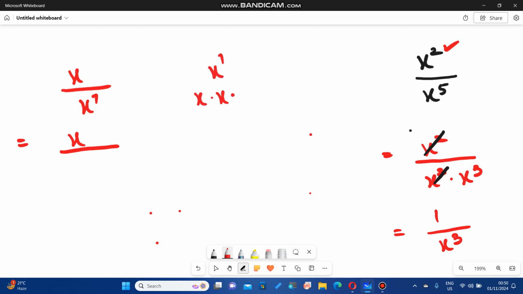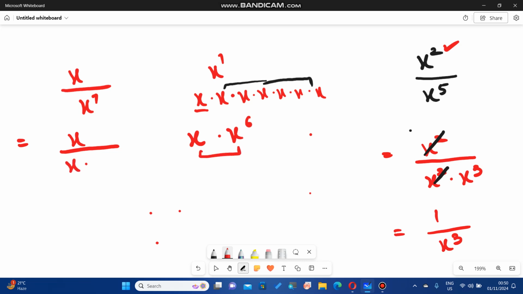That means we have 7 x's multiplied. What can we cancel? Only x. We can separate x. Alright, now how many x's are we left with? 1, 2, 3, 4, 5, 6. We can write x times x⁶. We are going to cancel x with x. What are we left with? We are left with x raised to the power 6. Our answer is going to be 1 over x⁶.